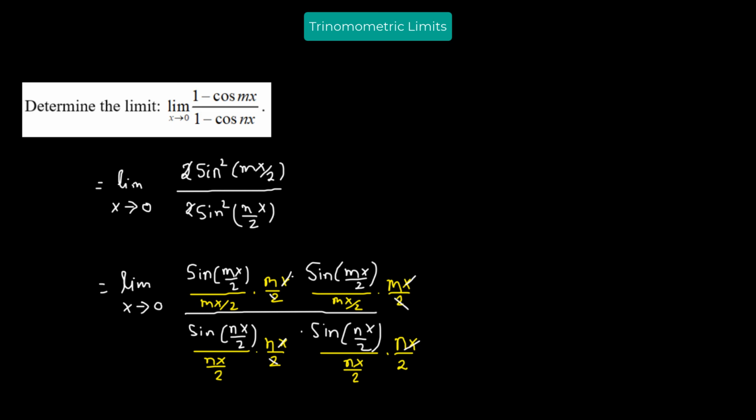As well as the 2's. So that leaves us with m squared over n squared times the limit of x tending to 0.